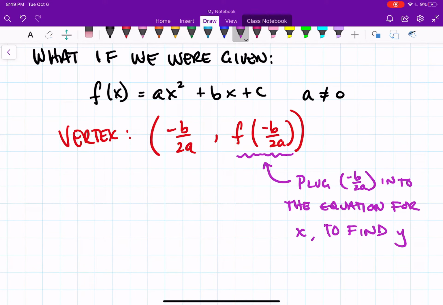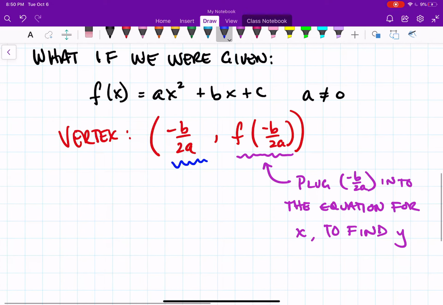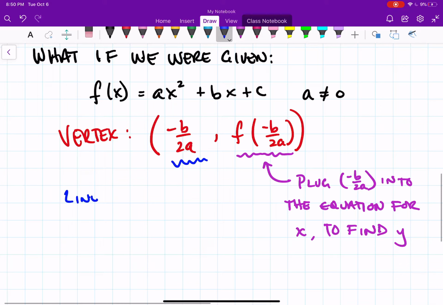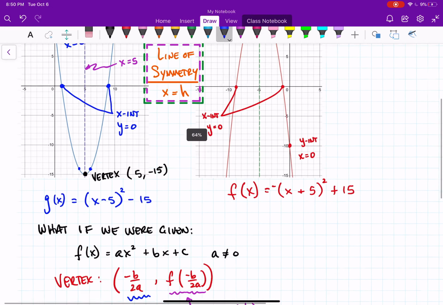Now, here's my question. How would I find this piece right here? Wouldn't that be just my line of symmetry? Because remember what we said about the line of symmetry, right?